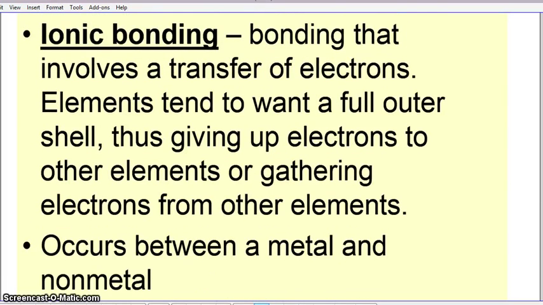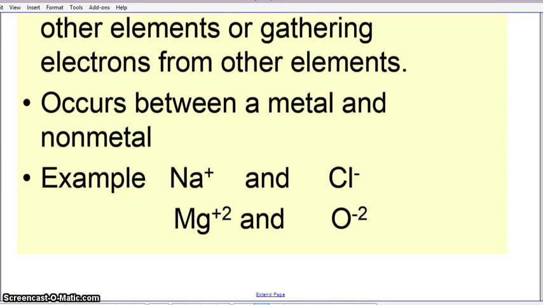When we talk about ionic bonding, this only occurs between a metal and a nonmetal. So look at your periodic table and the colors you colored for metal and nonmetal. Some great examples are sodium chloride and magnesium oxide. Let me show you how to draw these out, because you're going to be responsible for this in just a little bit.